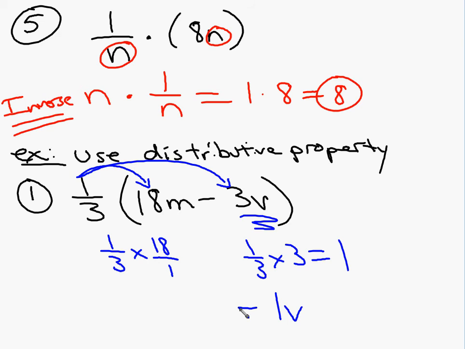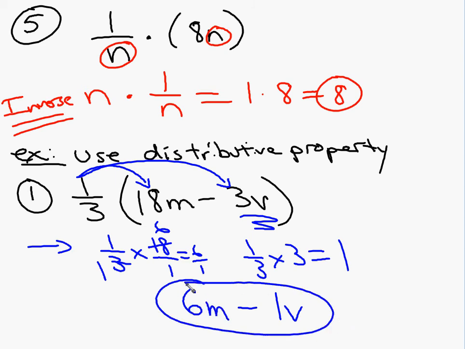And here, I just need to do my factoring. 3 divided by 3 is 1. 18 divided by 3 is 6. So 1 times 6 is 6 over 1. This is going to be 6m minus 1v. So it's just the distributive property, but we're using our fraction work.